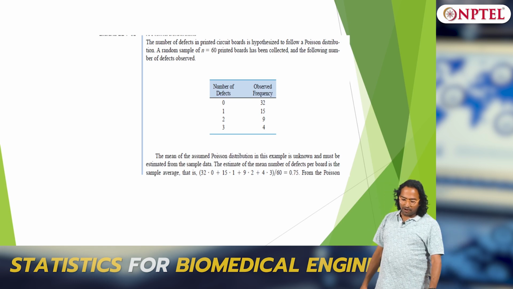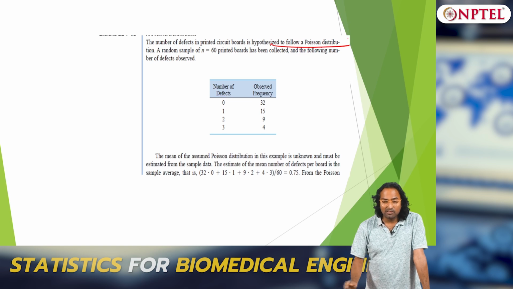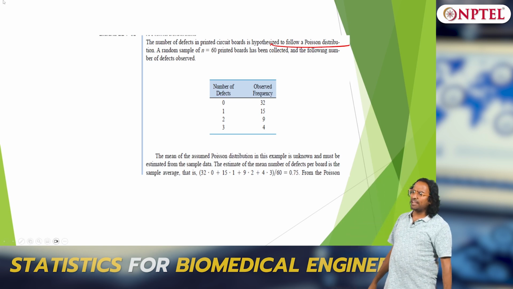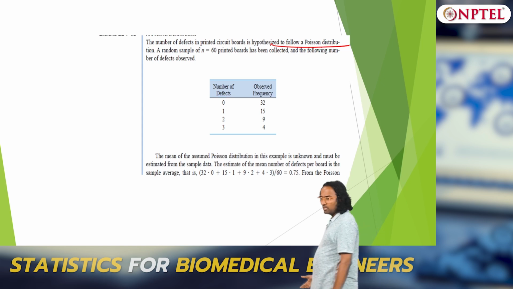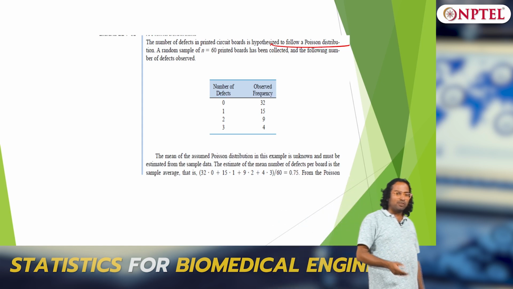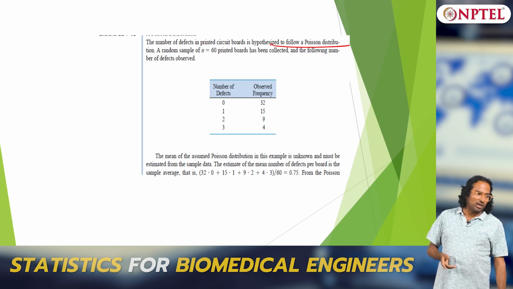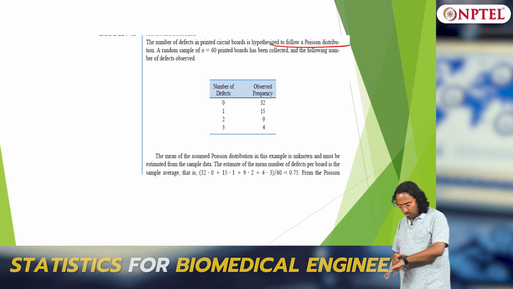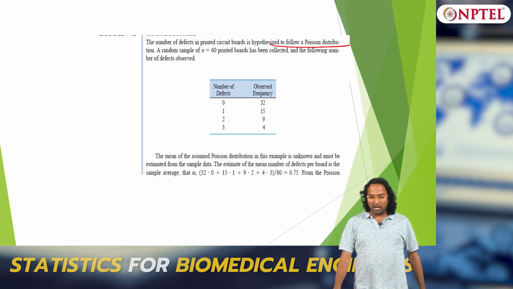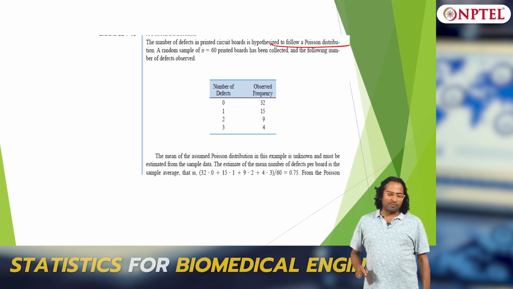So I am saying the number of defects in a printed circuit board is hypothesized to follow a Poisson distribution. In a PCB it is very rare to have faults, it is not a common event, since you are doing manufacturing. If I have more faults then there is a huge loss, so it is usually assumed to be a Poisson distribution. Now a random sample of n equal to 60 is taken and the following number of defects are observed.